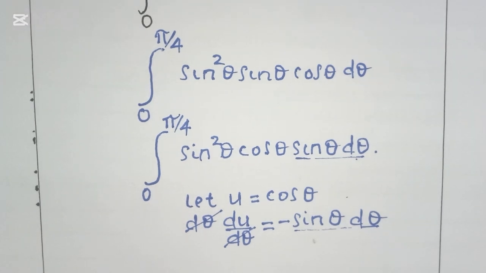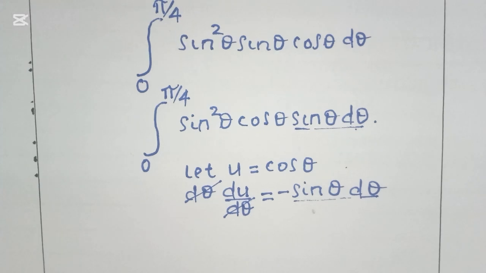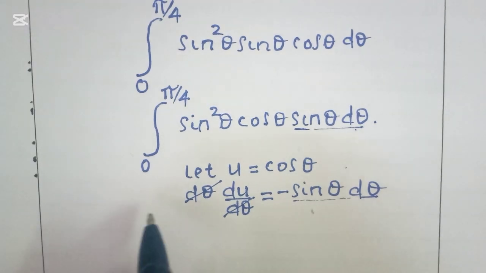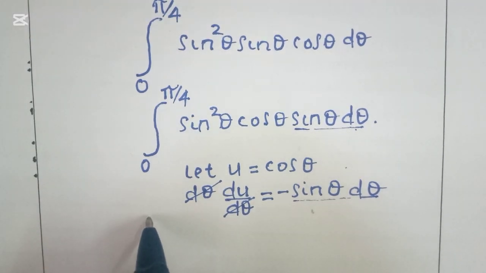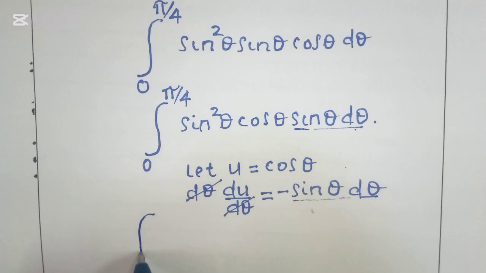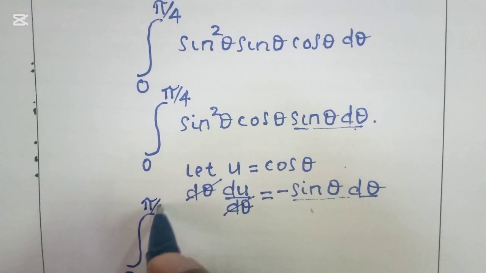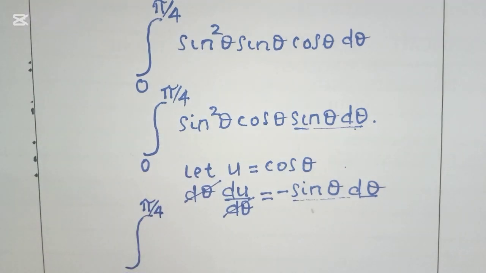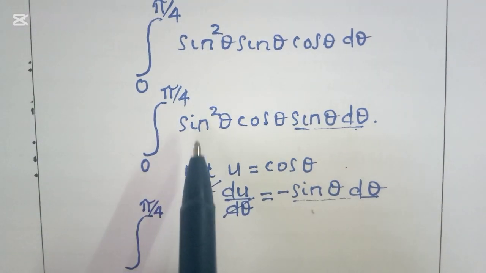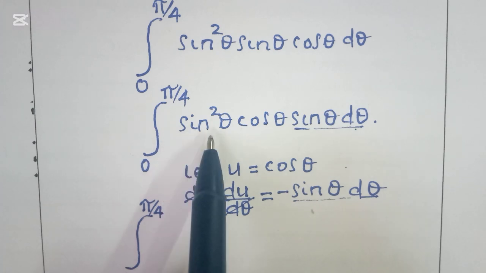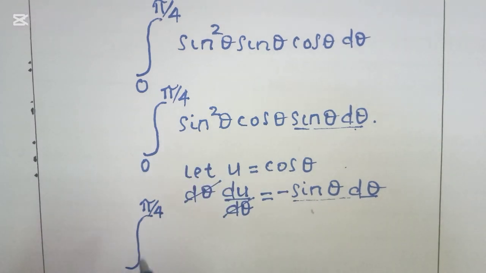So guys, we continue. Slow but sure. So we shall have now 0 there, you have pi over 4, like that. So now I come and replace, first of all, I write sine squared theta in terms of cos.